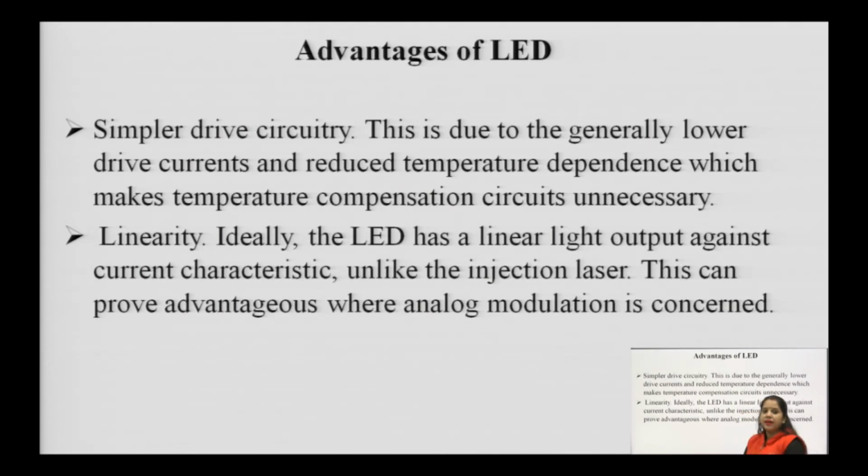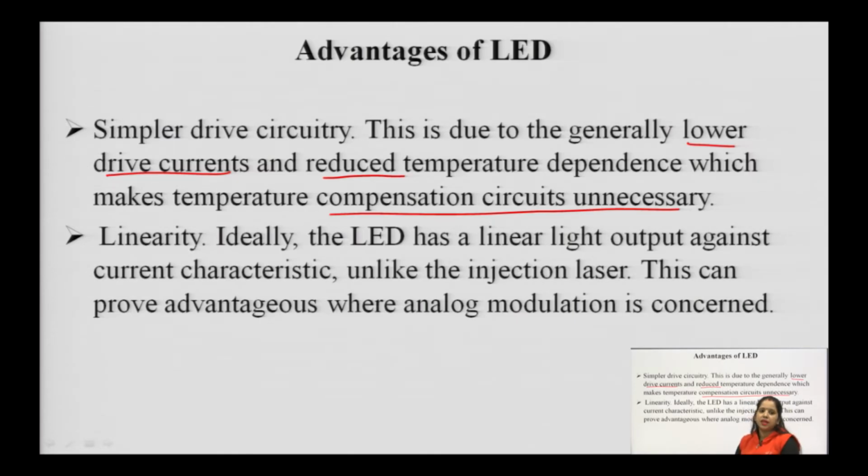It is a very simple device, that is why its drive circuitry is also simple. Simpler drive circuitry is due to the generally lower drive current and reduced temperature dependence, as we have discussed already, and since it is a low power device, the drive current is also lower in the case of an LED. This makes a temperature compensation circuit unnecessary, since it has less temperature dependence.